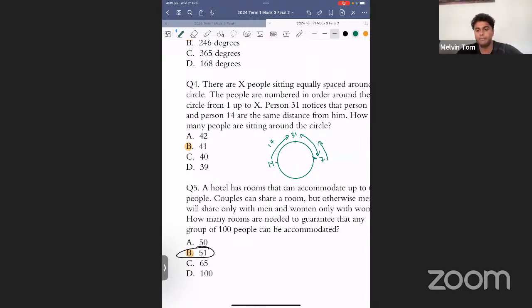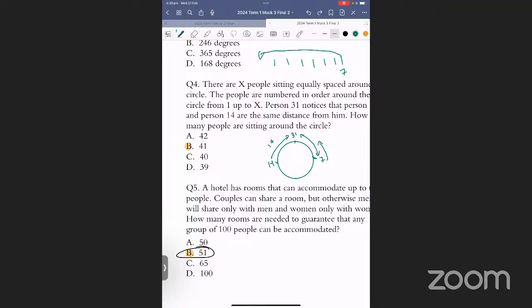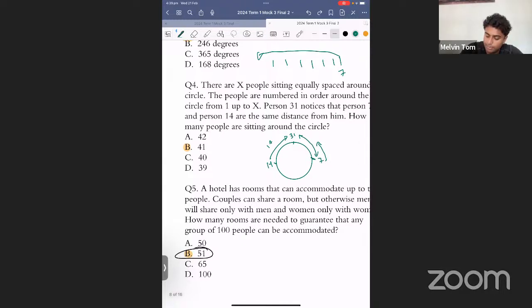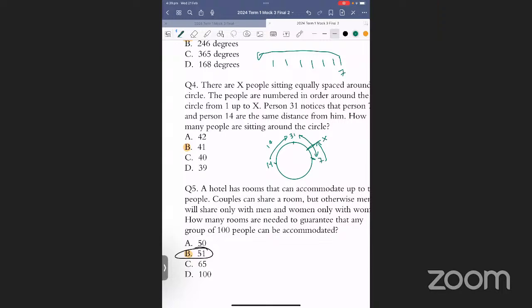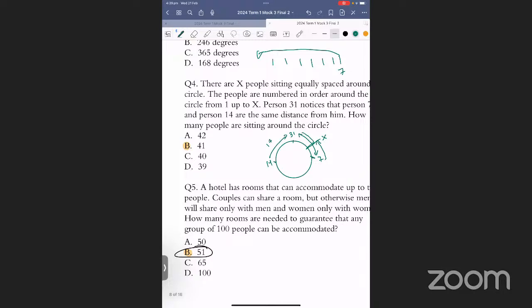So imagine there's 7 people in a room. In a line, so you have 1, 2, 3, 4, 5, 6, 7. This is the 7th person. And you want to get to the end of the line or the beginning of the line. How many people are there in between? 7. Yeah, 7. So that brings us to the last person, which is person number X. Do you understand? Yes. And then from there to 31, how many spaces do we still have remaining?